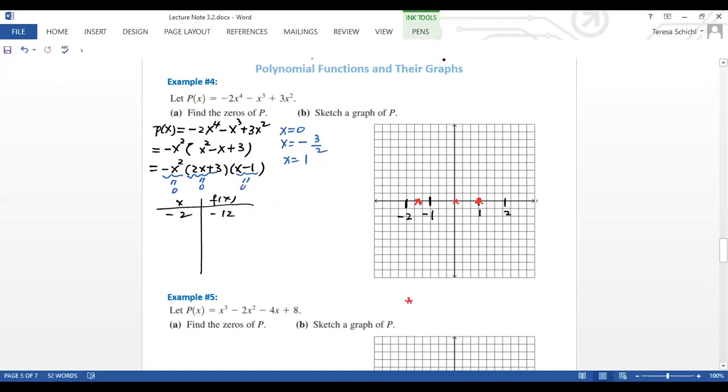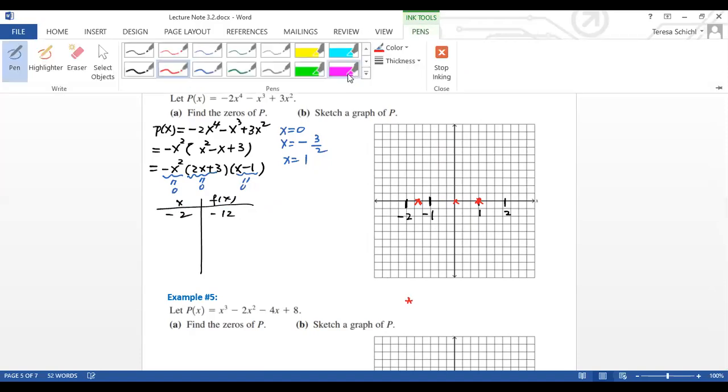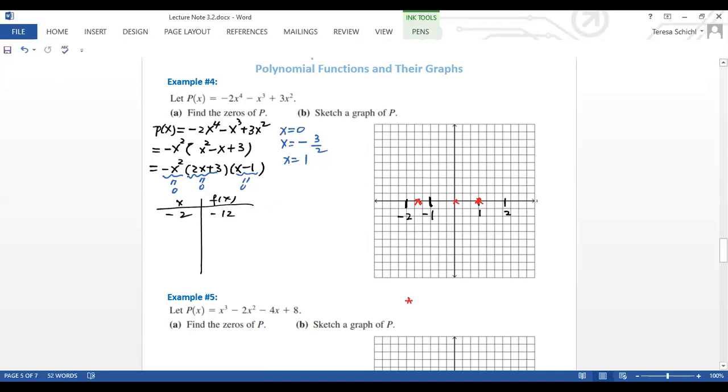All right, so the next one, I need to choose somewhere in between. So I choose negative 1. So for negative 1, you have 2. So I'm going to graph negative 1 is 2. So this will be the graph here.